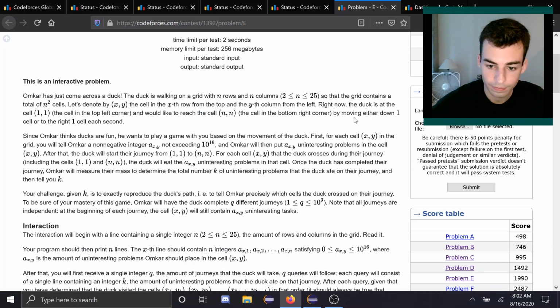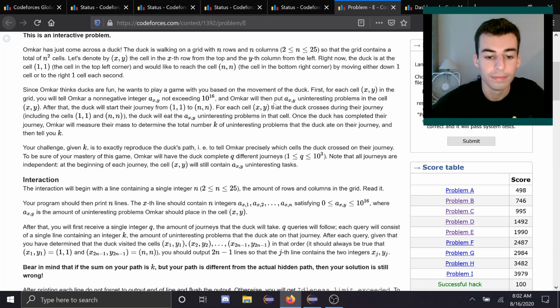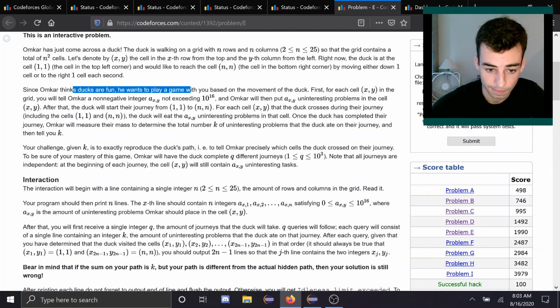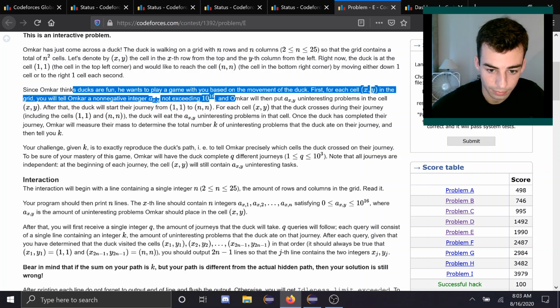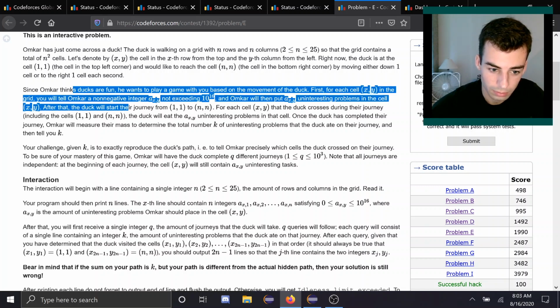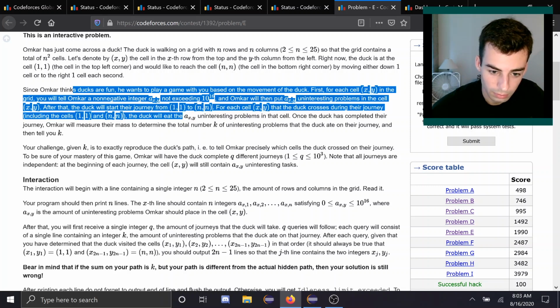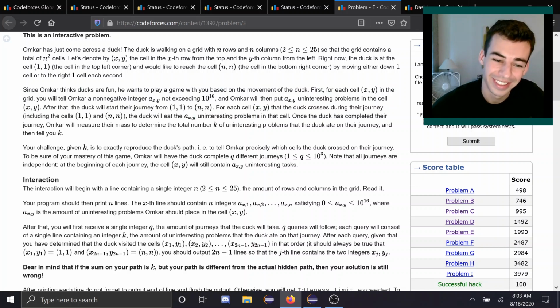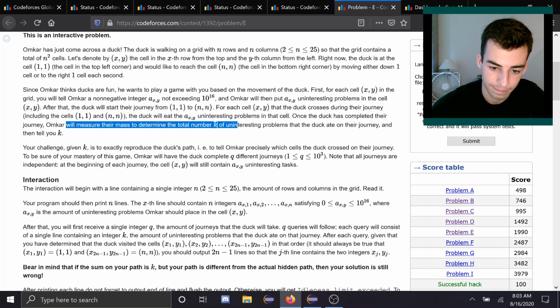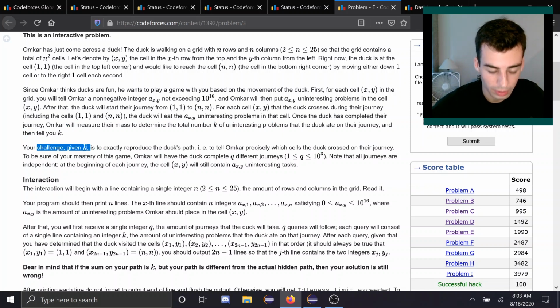We want to reach cell n, n, moving either down or right each second. Given k, exactly reproduce the duck's path.